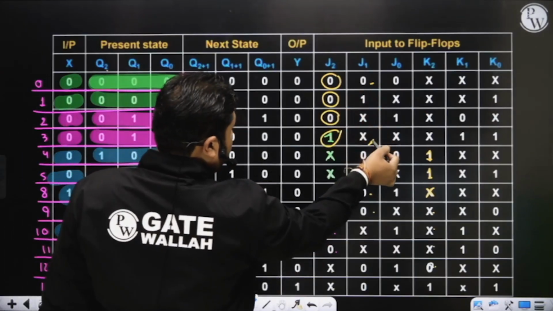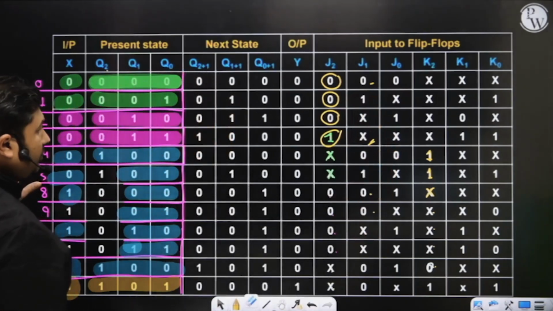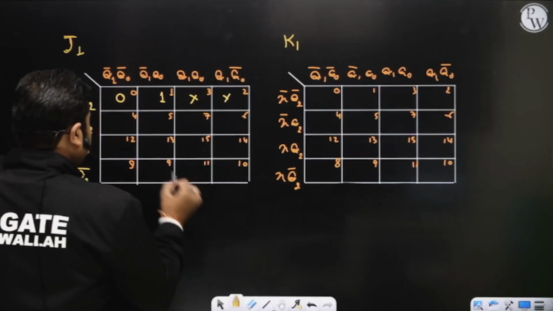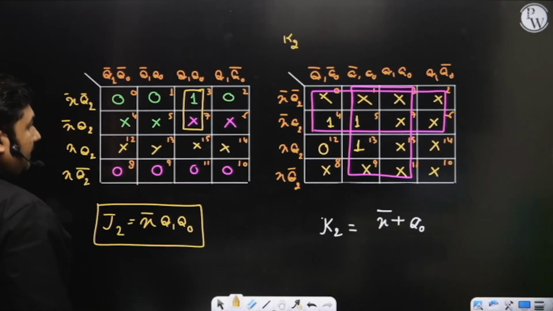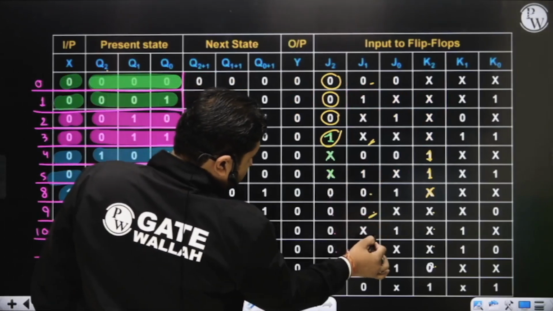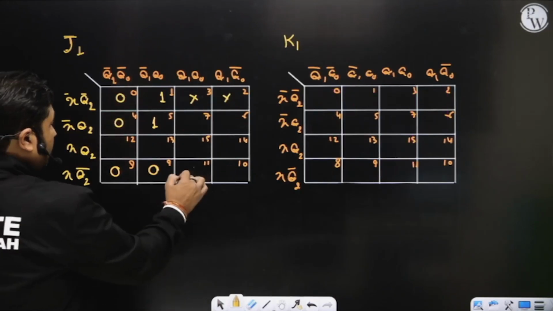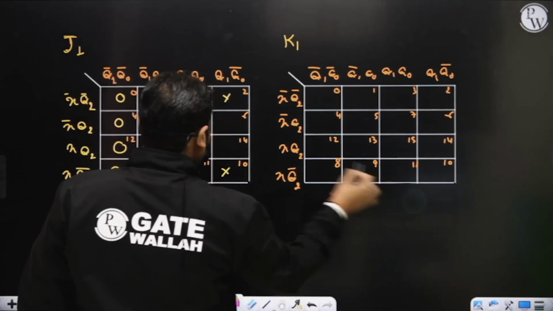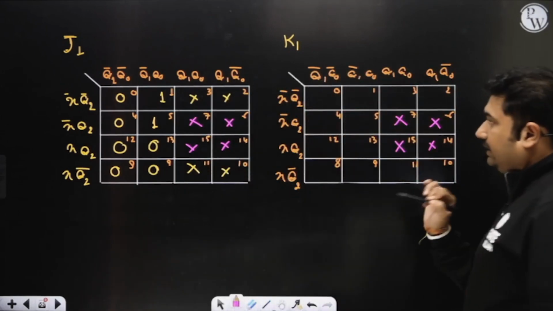Then 0 1 double 0, don't care, don't care, double 0. These four are don't care only.